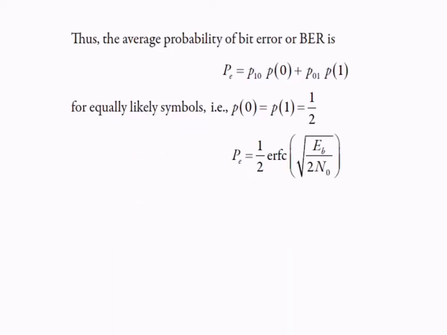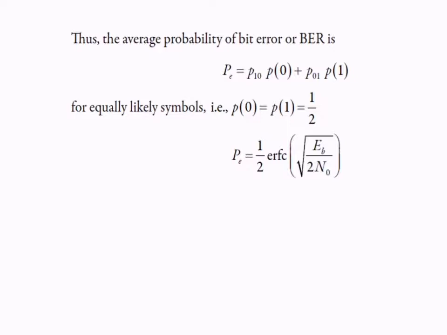Thus, the average probability of bit error or BER is Pe equal to P10 P of 0 plus P01 P of 1. Same equation as in the derivation of BPSK, QPSK, etc. For equally likely symbols, probability of 0 is equal to probability of 1.